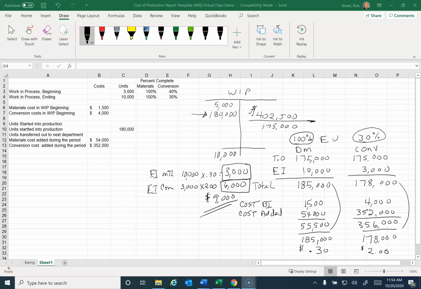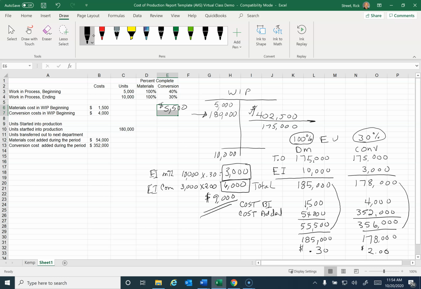Okay, as a double check, or what we would call a reconciliation of our work in process account, we know these 5,000 units that were in the beginning had $5,500 in beginning costs.